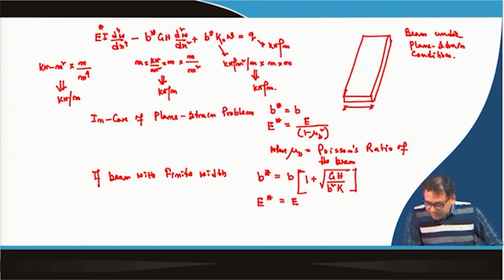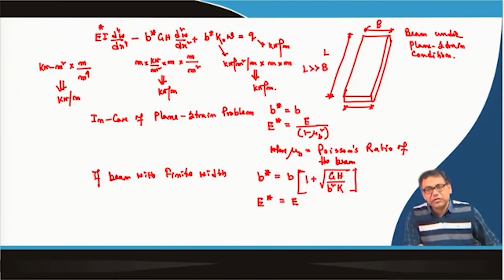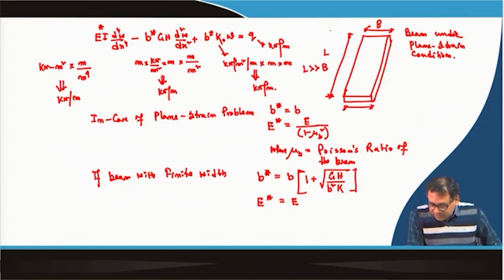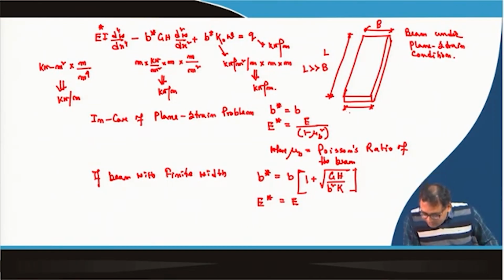So, if this is a strip footing kind of problem where this is the length and this is the width B, and definitely your L is much greater than B, because this is a strip footing kind of problem.